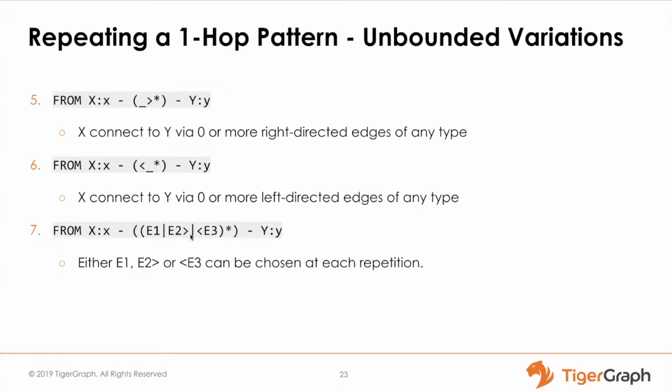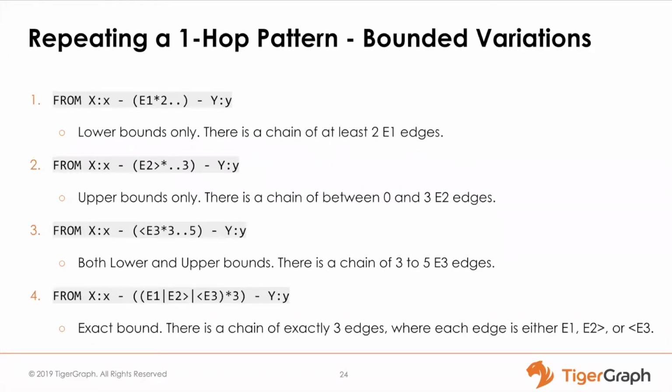And the declaration indicates their direction semantics in the schema. E1 is undirected, E2 is rightward, and E3 is leftward. And the previous slides simply use the Kleene star without any bounding.